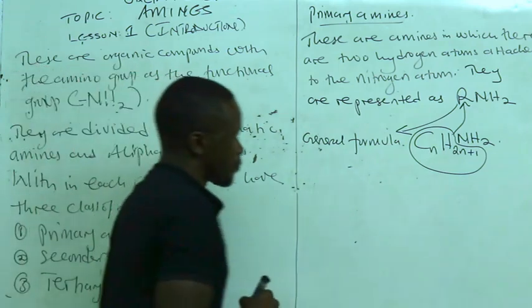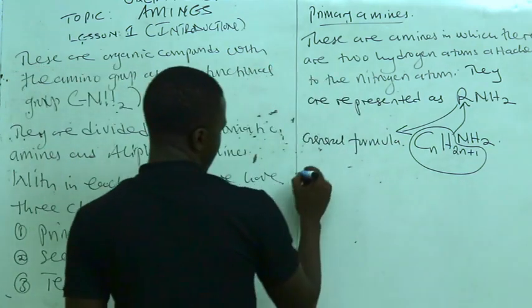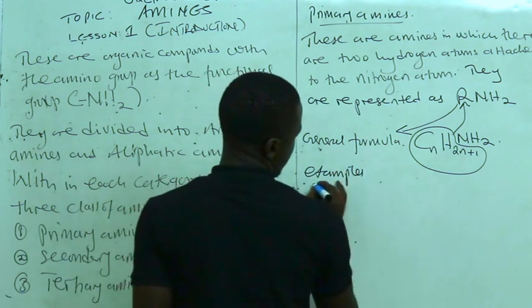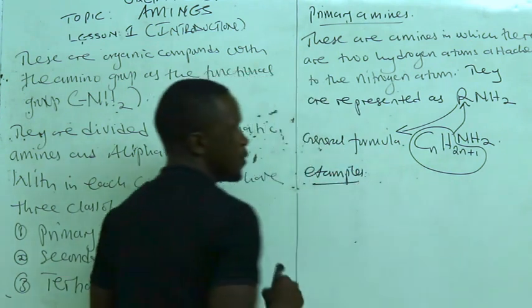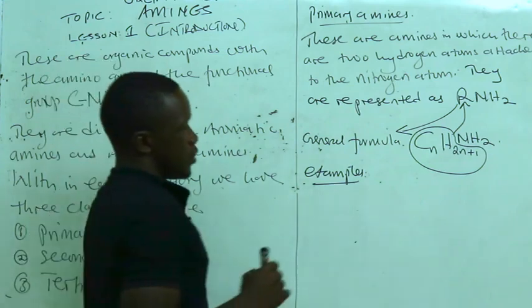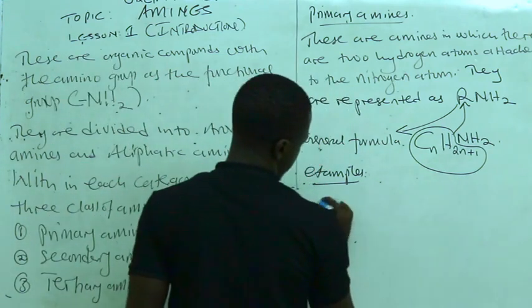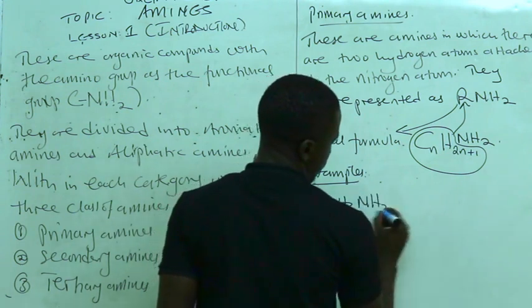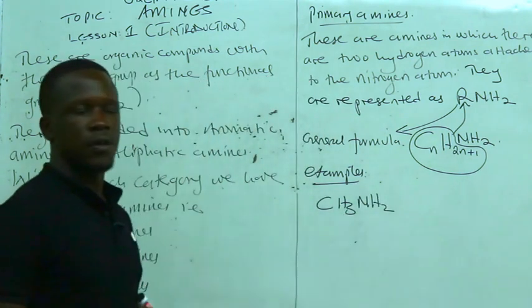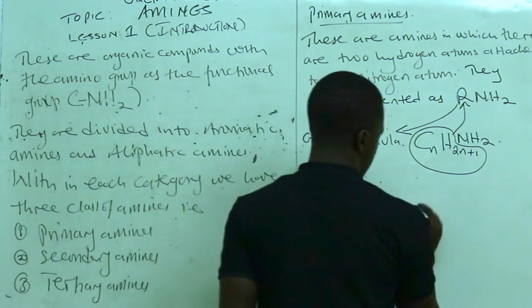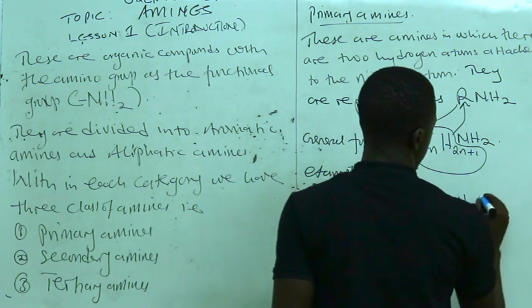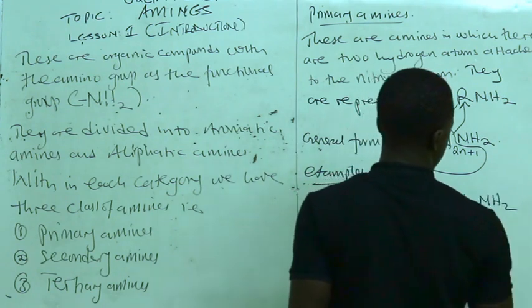And then we can look at some examples of what we call the primary amines. This is CH3NH2. This is one example. We can have CH3CH2NH2.